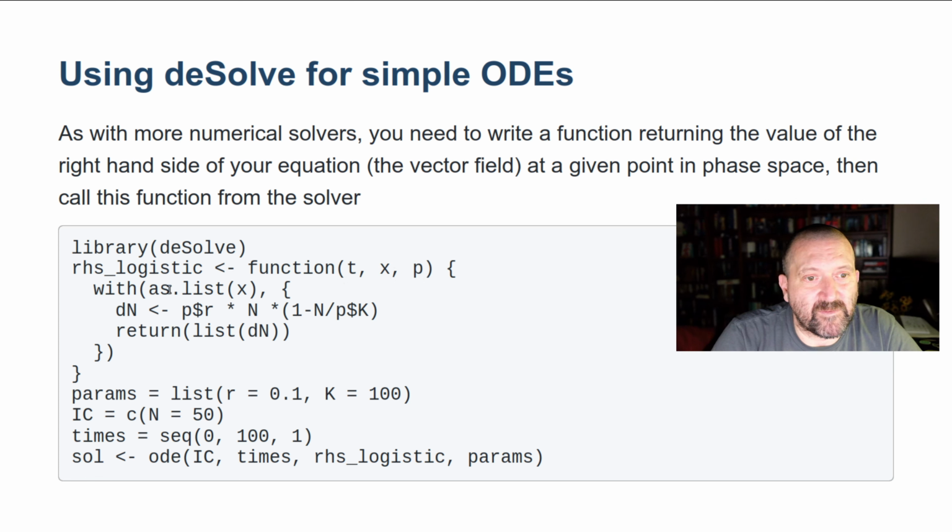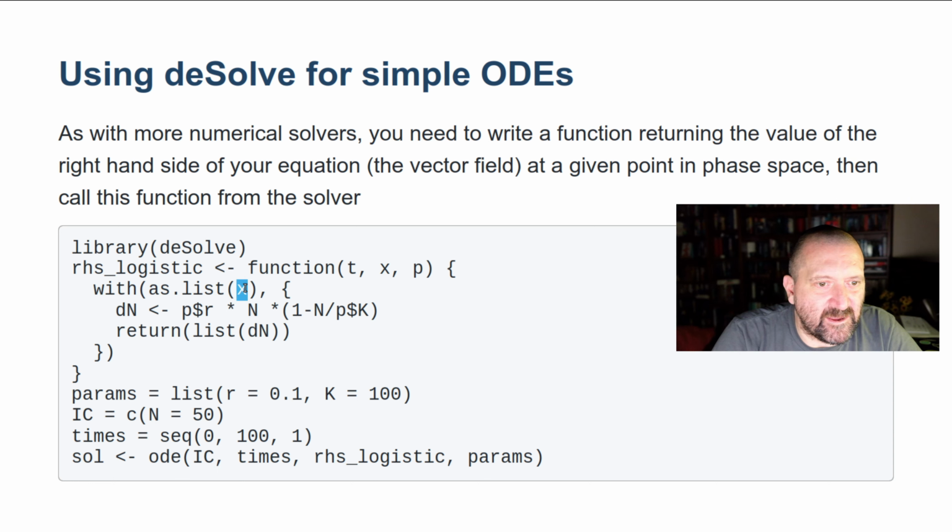So one thing that I could do is use with as list, which means I can use whatever is passed as an argument. Let me go to this directly to explain. Here I'm saying the initial condition is a named list, essentially a named vector, where n is equal to 50. So when I pass this initial condition, it knows one of the variables is called n.